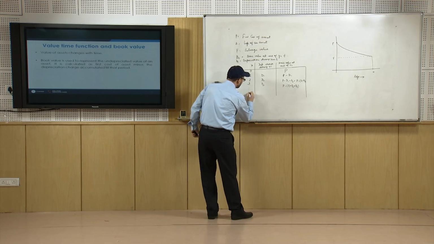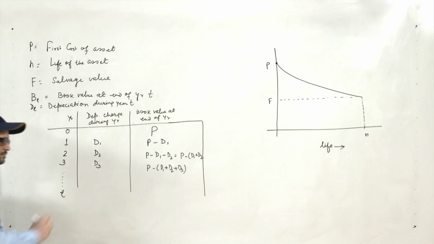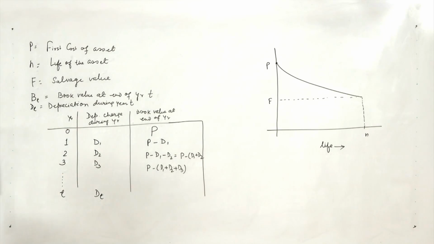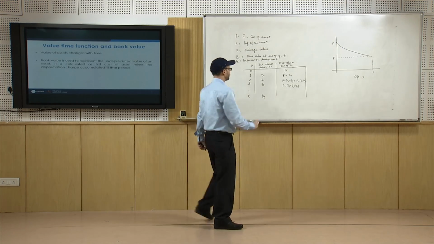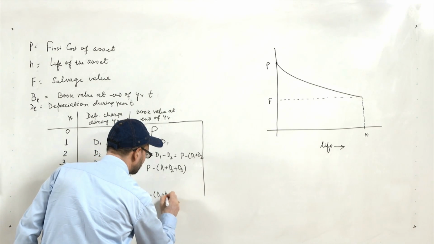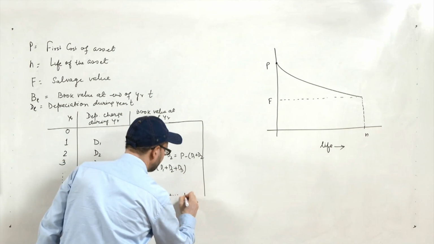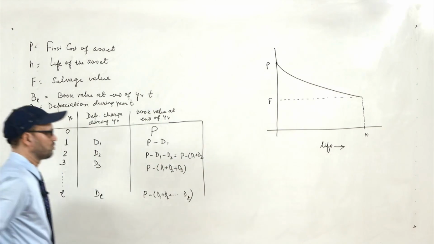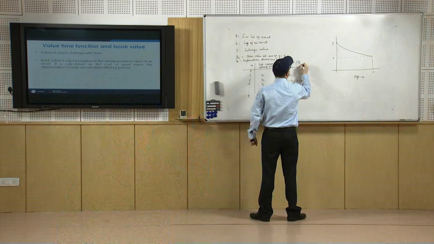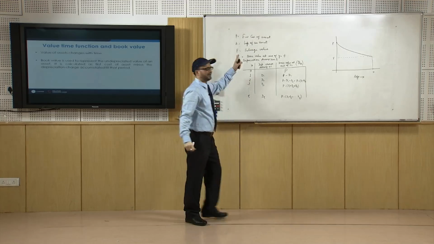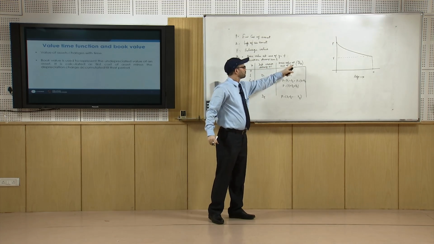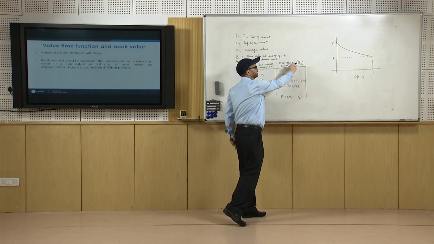So for t years, during the tth year the depreciation charge is dt, and the value will be P minus d1 minus d2 up to dt. This value is written as Bt. We have defined the book value as the value after the end of year t.